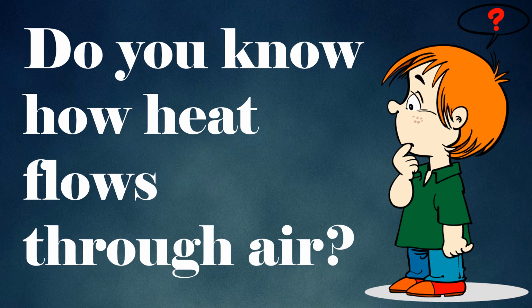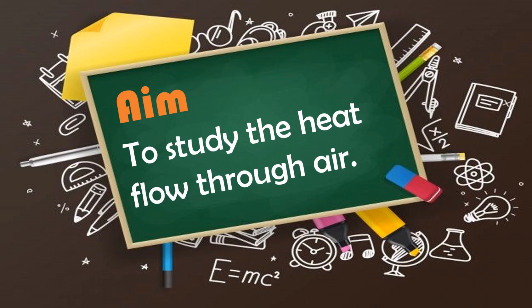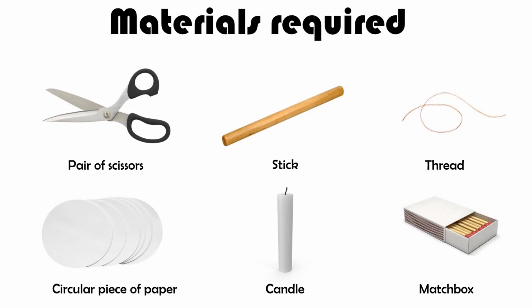In order to find this, we need to perform an activity. The aim of the activity is to study the heat flow through air. To perform the activity, you'll require a pair of scissors, stick, thread, a circular piece of paper, candle, and a matchbox.